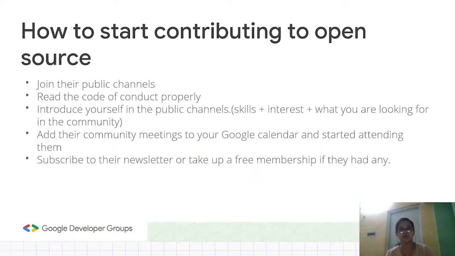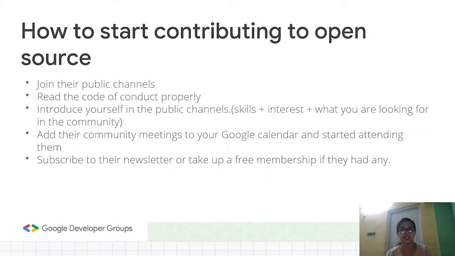Now, why is this important? If you clearly say that these are my skills, this is what I know, this is what I'm interested in learning, and this is what I am looking for in the community, it will help the maintainers or the members of the community to guide you to get started with contributing.